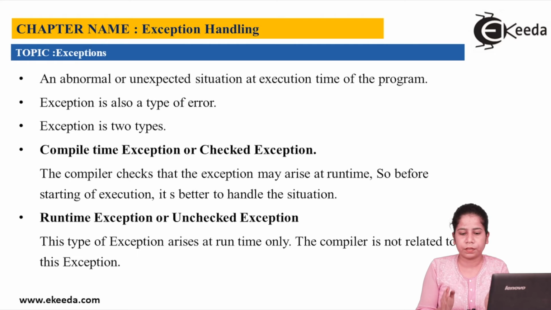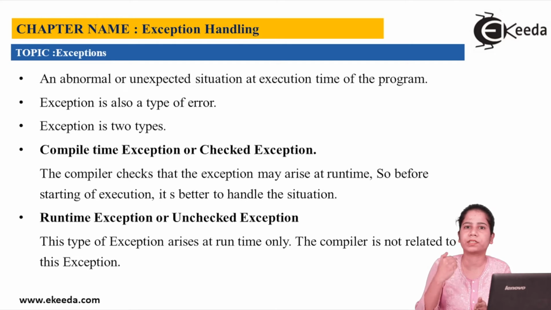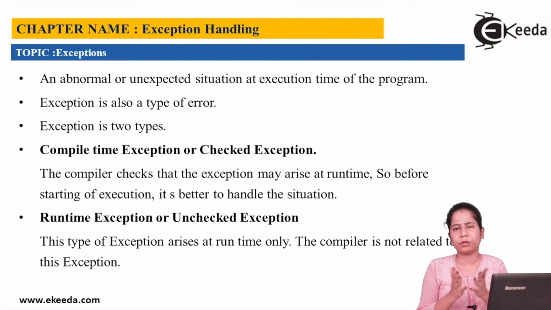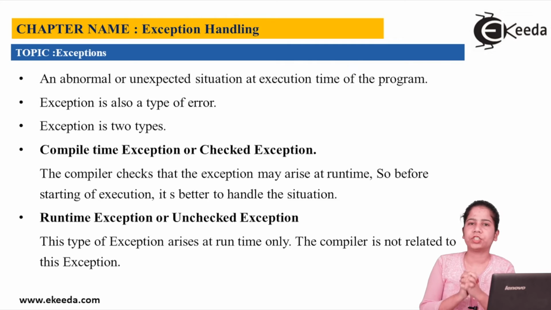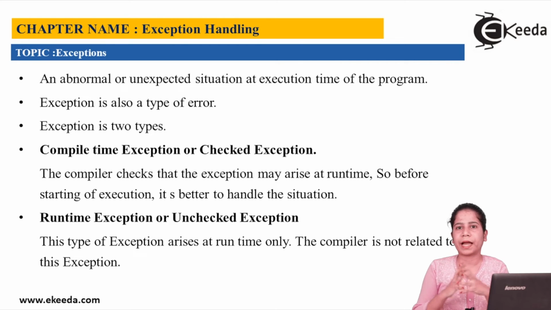Then your Java runtime identifies what type of exception this is. Now what do you mean by that? Each type of exception is properly categorized in Java. So each and every type of error is categorized in terms of classes in Java.